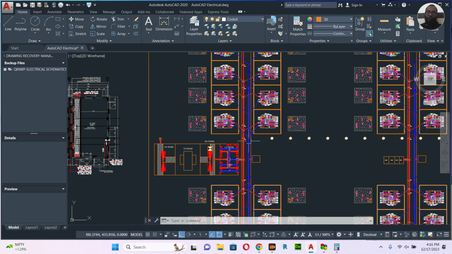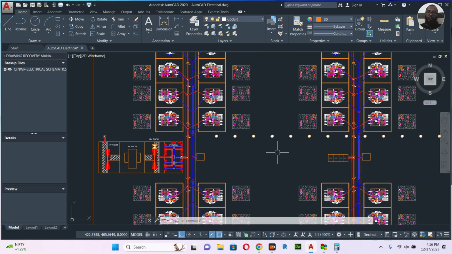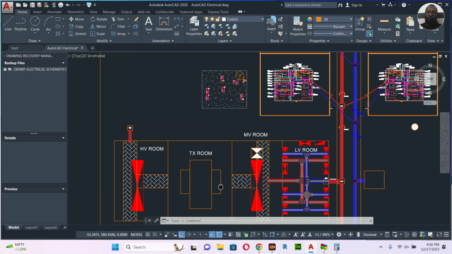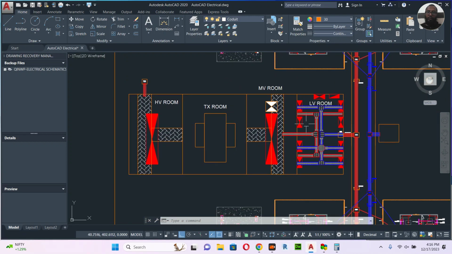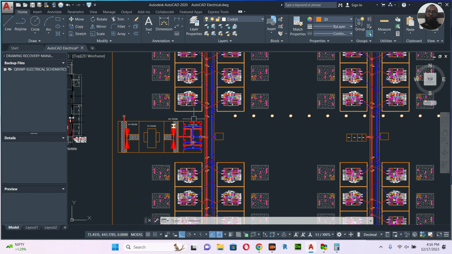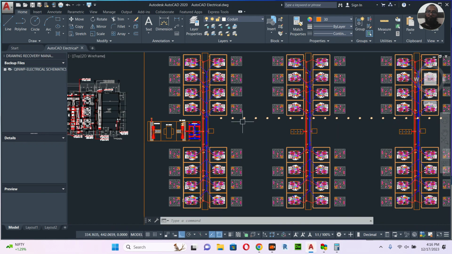This feeder pillar I am going to use to feed these lights. In case of power failure, the emergency generator will start. I didn't draw any generator room here. So the generator will start, it will feed the power to the emergency SMDB, and it will feed the feeder pillar. From the feeder pillar it will feed all these lights.